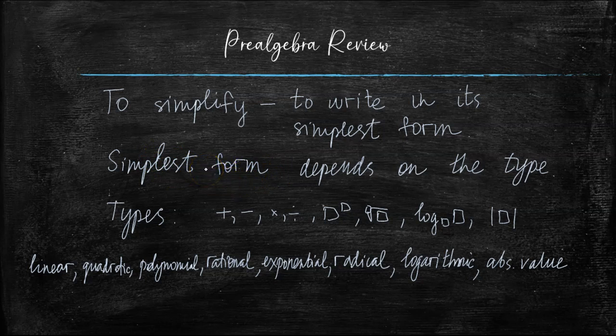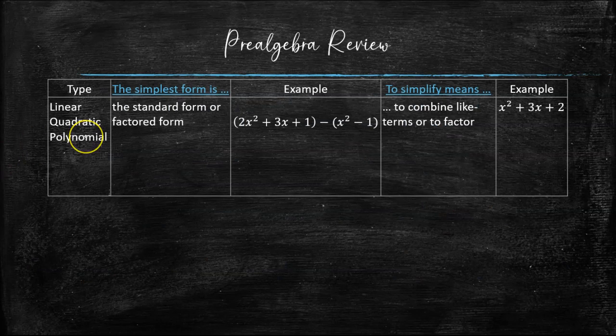And let's get started. So first, let's talk about polynomial expressions. And here again, I'm just going to give you a quick overview. My goal is not to teach you this. So if you're interested in getting into more details, just let me know in the comments below. Here we have polynomial, and you should know that linear and quadratic expressions are just specific cases of polynomial expressions.